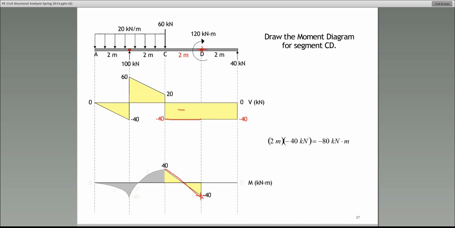At the point D, we have a concentrated moment equal to 120 kilonewton meter. That will introduce an abrupt change in moment at the point D. The question becomes, is that going to be an abrupt change in the positive direction or in the negative direction?